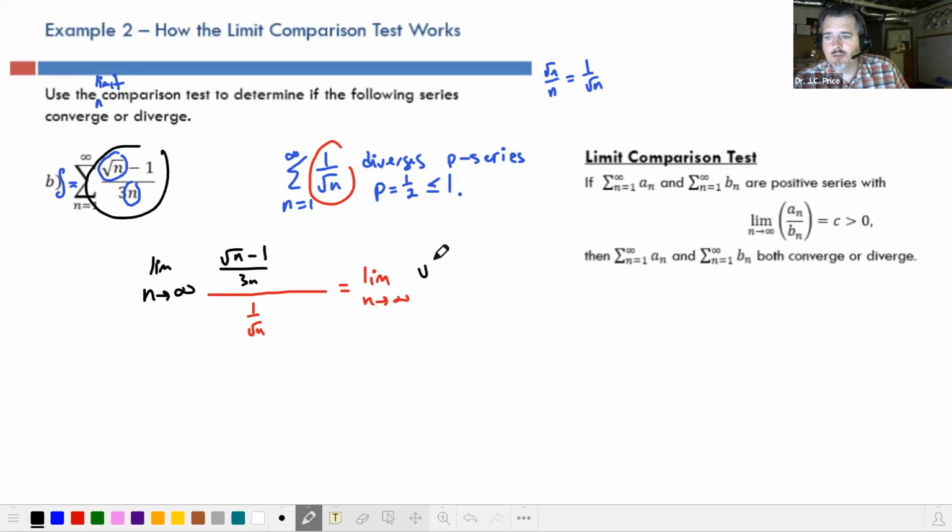And what we're going to do is just multiply by that reciprocal. So we have square root of n minus 1 divided by 3n, and then times root n over 1. And then we multiply through here, root n times root n is just an n. So we're going to get the limit as n goes to infinity of n minus root n, so we multiply 1 by root n, and then all divided by 3n.